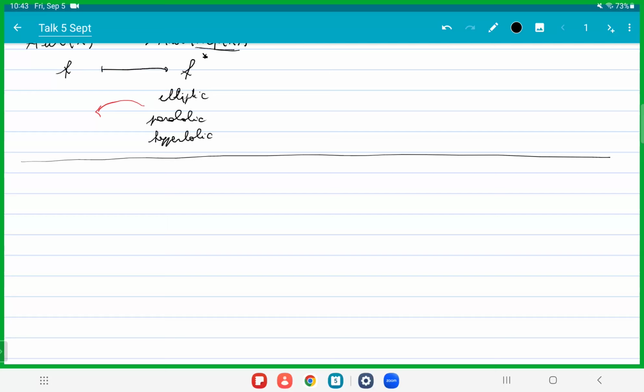And maybe the last notation or definition that I would like to give is the following. Again, it's a definition / a theorem.